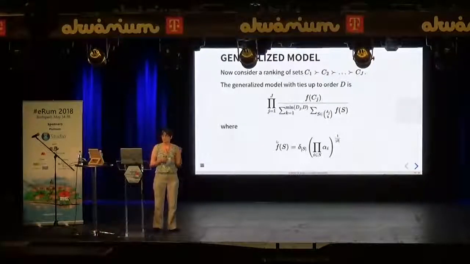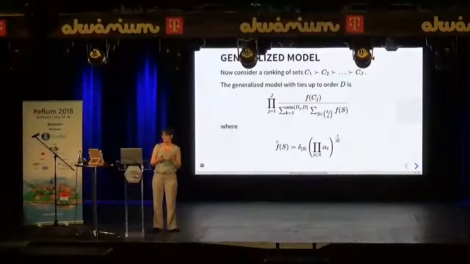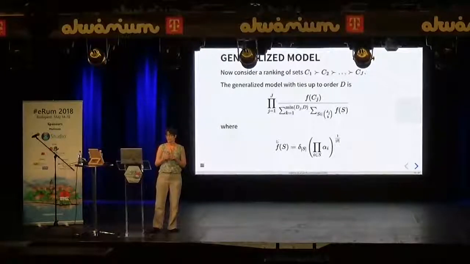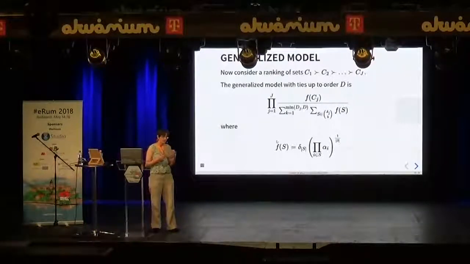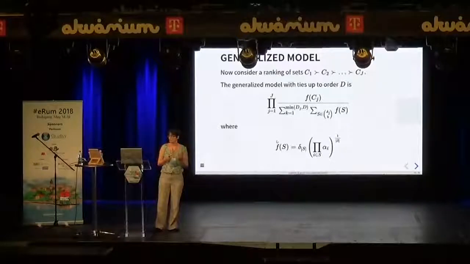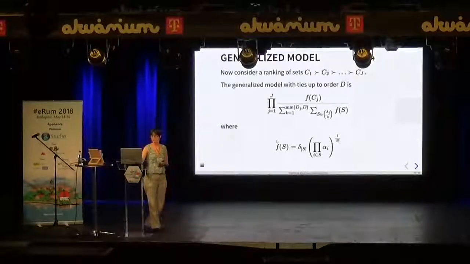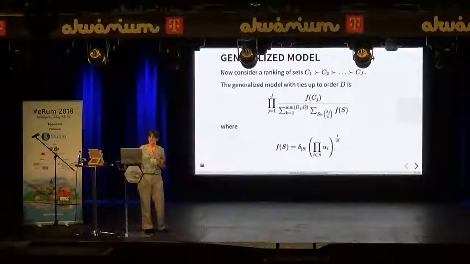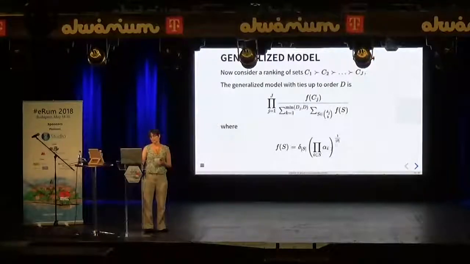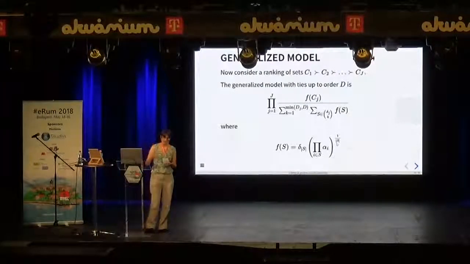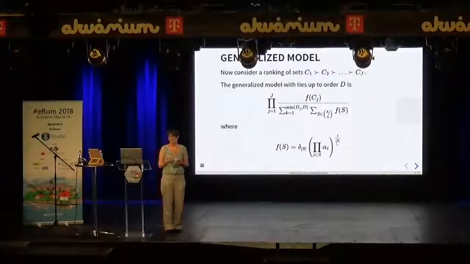So now instead of having an individual worth, we have a function of the items in the set. So if we think of our model as a product of the probabilities of each choice, then on the top we've got a function of the set that's chosen, and that's given by this expression at the bottom here. So if we've got two items in a set, we multiply their worth and take the root according to the number of items that are in the set.